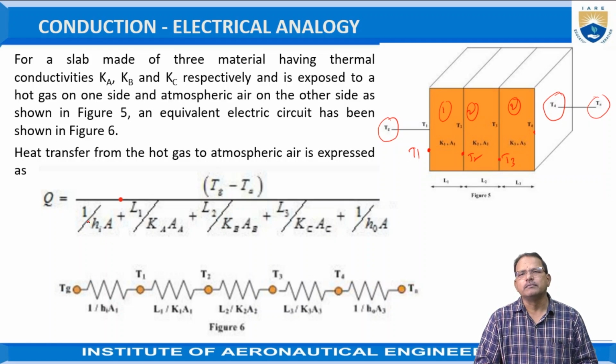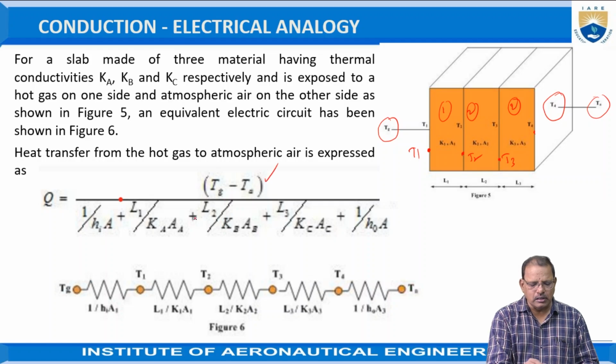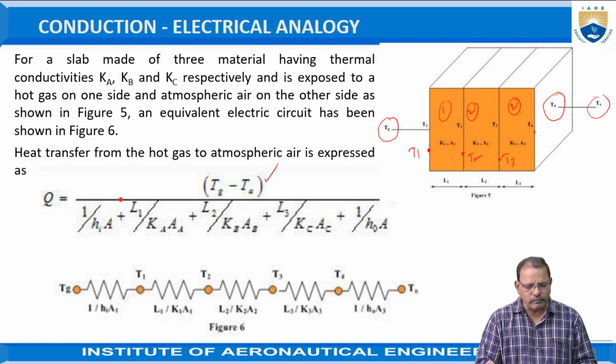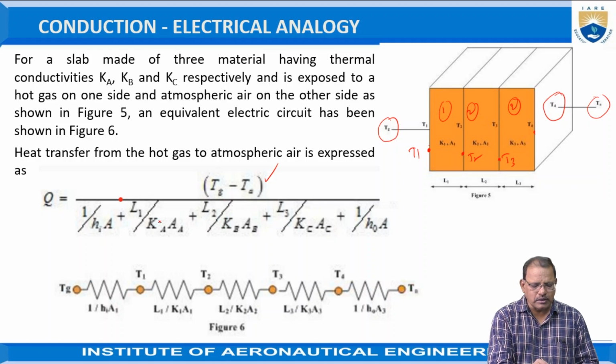So according to the heat conduction process, the amount of energy flowing from T alpha to Ta is given by T alpha minus Ta divided by 1 by HiA, which represents the thermal resistance of the hot fluid to the surface of the object exposed at a temperature of T1, plus L1 divided by KA, where L1 is the thickness and K is the thermal conductivity of the first block, and A is the area of the cross section.